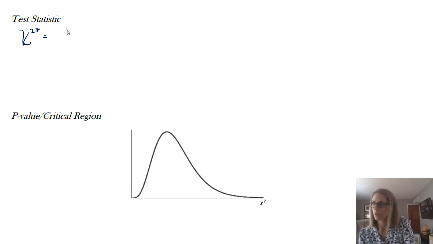So we have observed minus expected squared over expected. We only have 5 of these, but you can do them if you want. Pause and then come back.